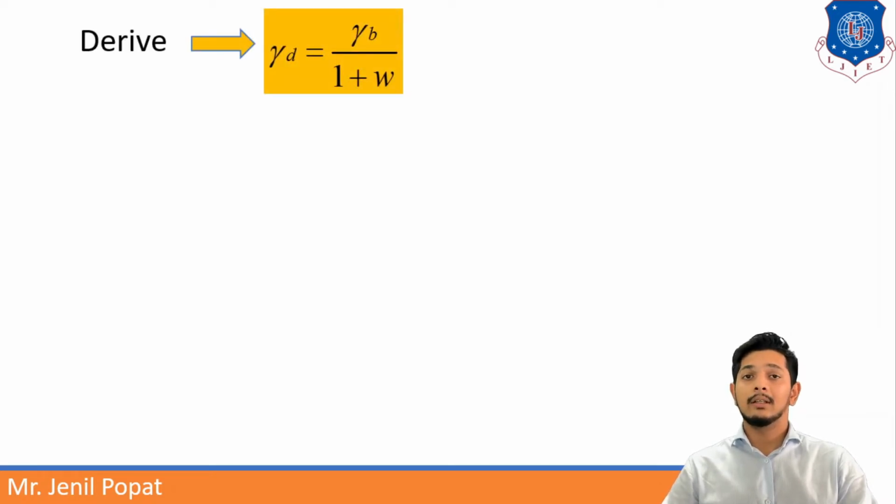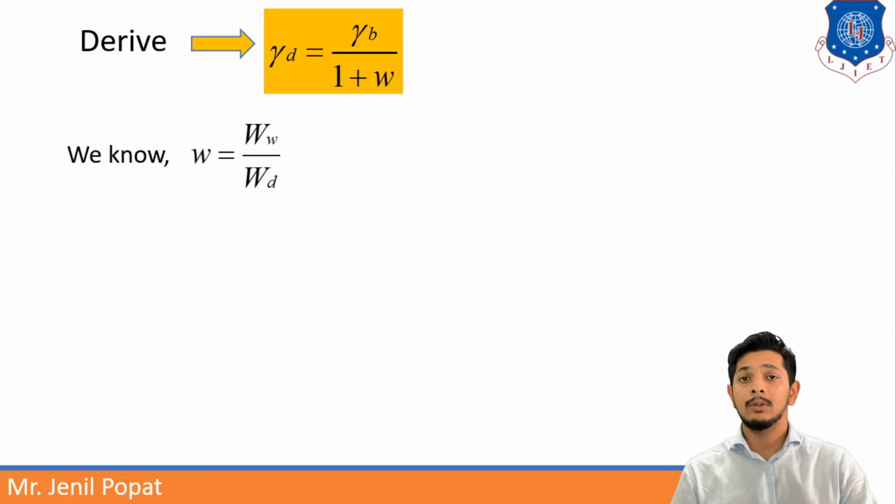So here we have to derive one relationship between bulk density and dry density with water content. The equation is: gamma D is equal to gamma B upon 1 plus w. We already know the water content formula, that is w = WW upon WD, from the previous video or fundamental definitions and equations.